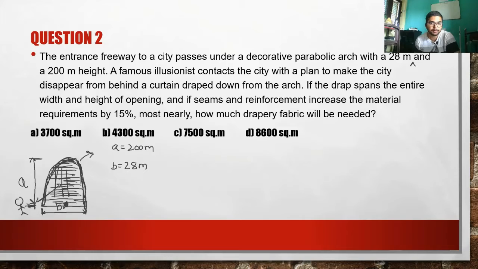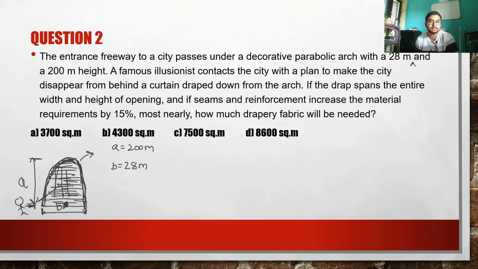By using that curtain draped to this parabolic arch, one who tries to see the city from this side won't be able to see. But the city really exists on that side of the arch, but whoever stands on our side of the arch won't be able to see due to the interference of this curtain.